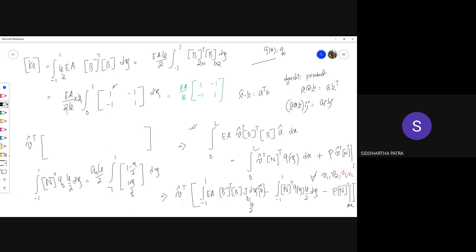And notice again one thing, that this one is xi to the power 0 and this one is xi to the power 1. Even function, odd function. So what happens to an even function when integrated between a negative limit to the same positive limit? It's just the integration from 0 to 1 twice. But what happens to the odd function?